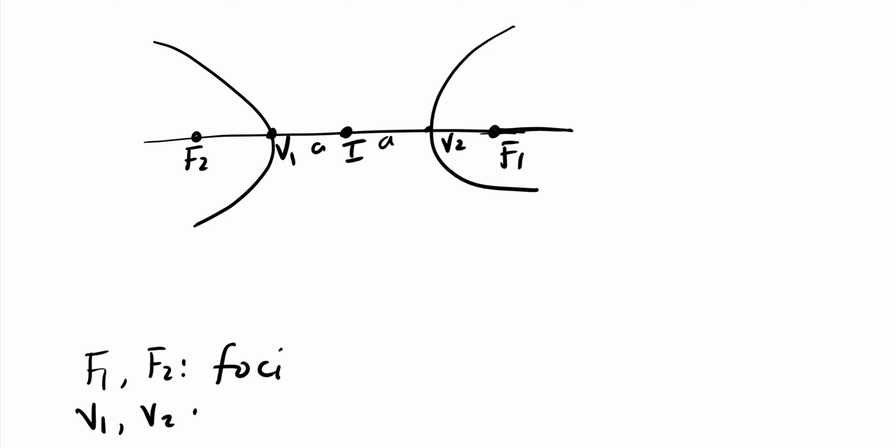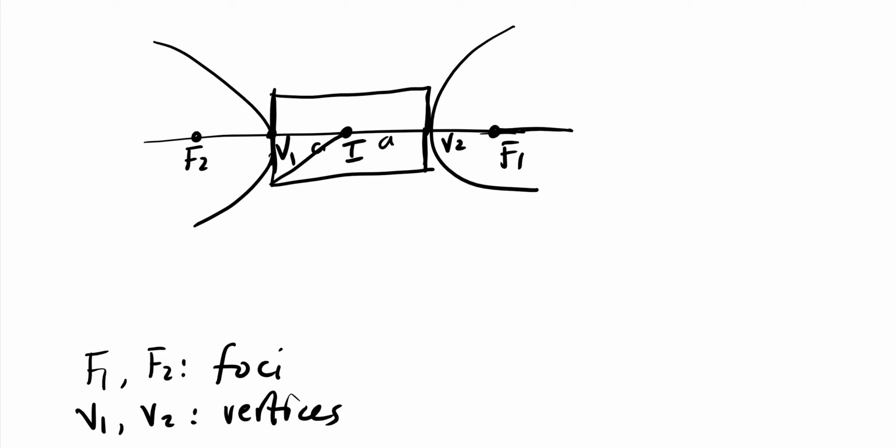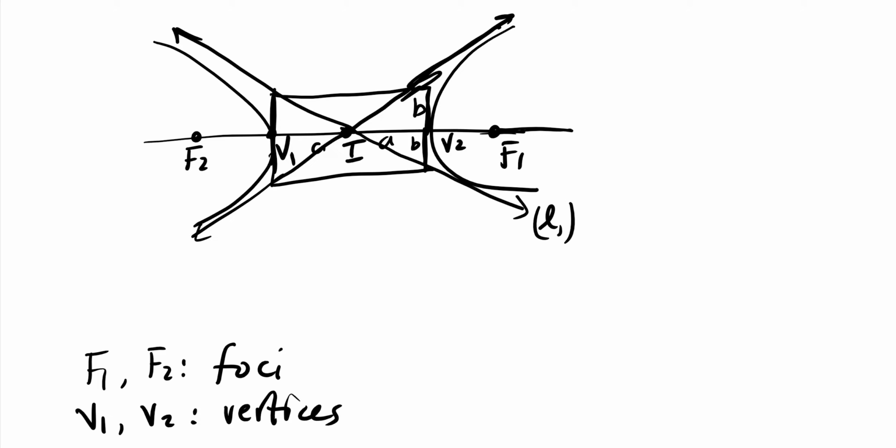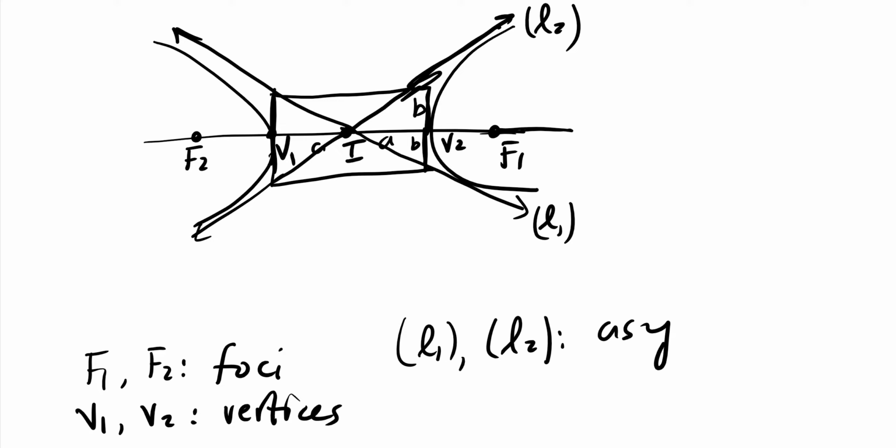If we go b distance up, b distance down, b distance up, b distance down, and connect them this way, these lines are called asymptotes. So we have two lines, L1 and L2, called asymptotes.